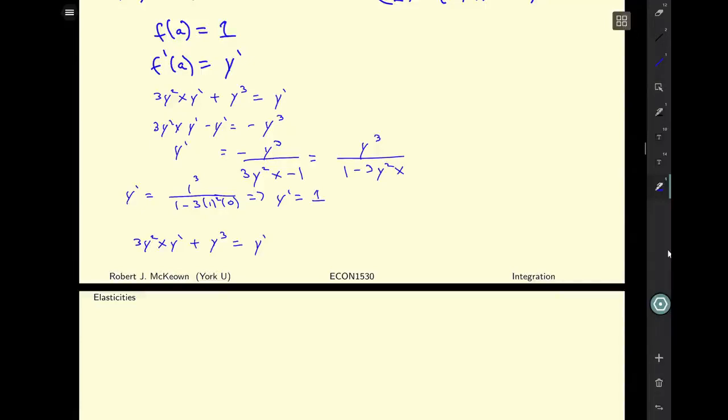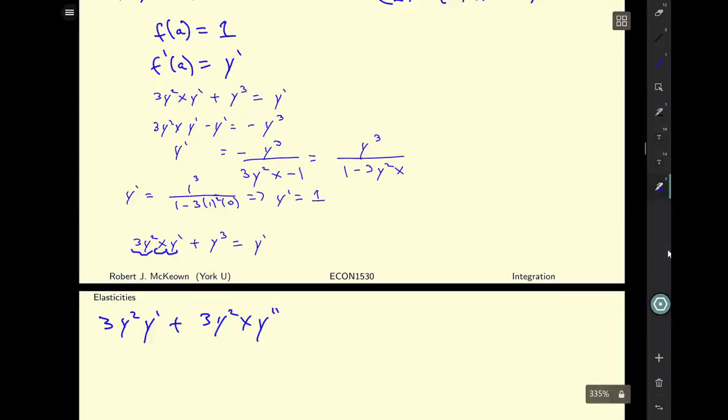All right, let's take the derivative. So starting with this term here, we're going to end up with, well, we'll take the easiest one first. So we're going to end up with 3y squared y prime. And then, well, we can take the derivative of that one, which is just going to be 3y squared x y double prime.